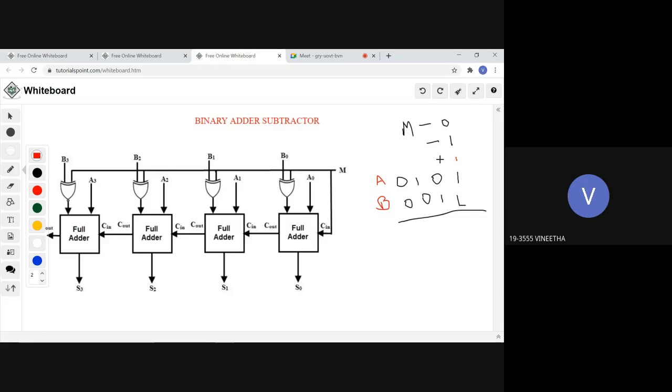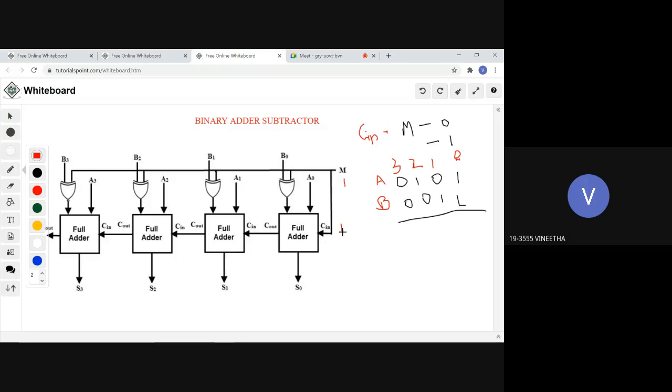So 0, 1, 2, and 3. So my M is initially 1 because we are performing subtraction, and M is always equal to Cn. So Cn in this case would be equal to 1.